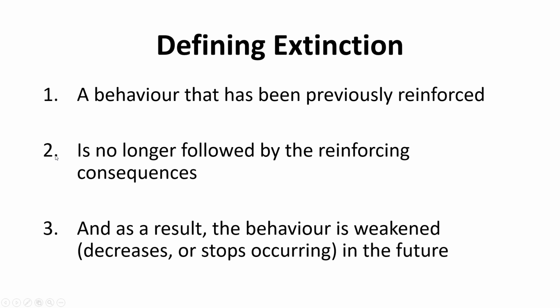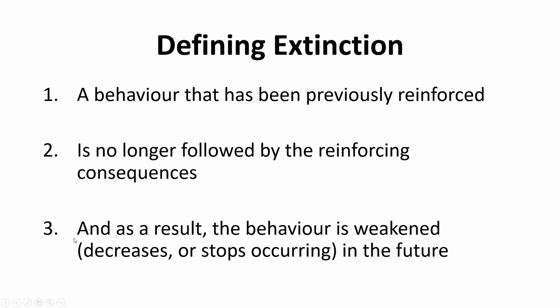The second contingency is that this behavior is now no longer being followed by the reinforcing consequences. The bird had previously gotten food for pecking at a particular key, and now they are no longer getting that food after they peck the key.